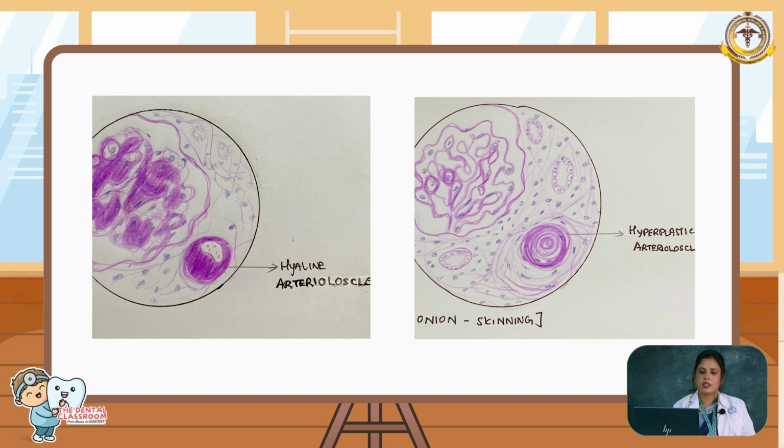And also you see here the glomerulus is sclerosed, which is more commonly seen in case of nodular glomerulosclerosis, which is a complication of diabetes mellitus. So the B image here shows hyperplastic arteriosclerosis. What is hyperplastic arteriosclerosis? Like we earlier discussed, it causes complete narrowing and there is an appearance of onion skinning, which is seen in case of severe hypertension.